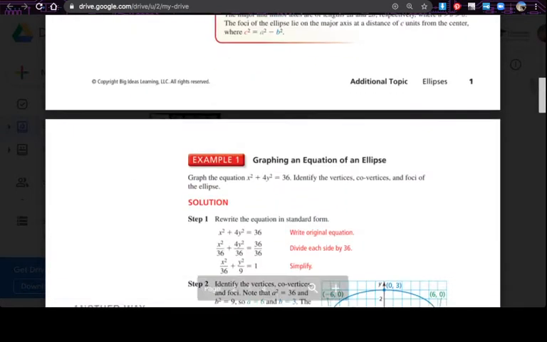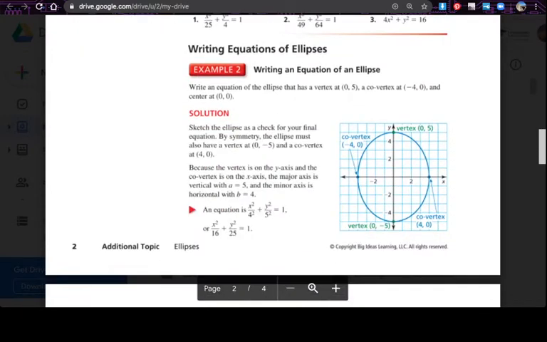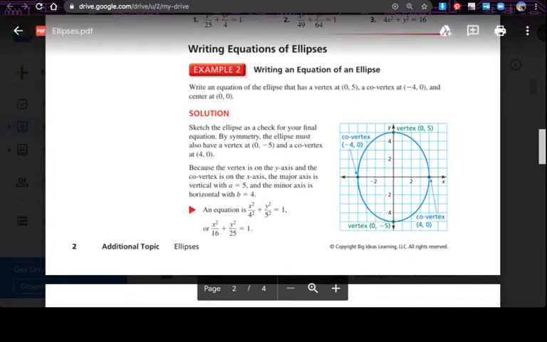I'm going to do an example similar to this one, except for this one they just found the equation. So similar to example 2, but I'm going to find the equation and I'm going to find where those points are. So let's go back to the picture here.